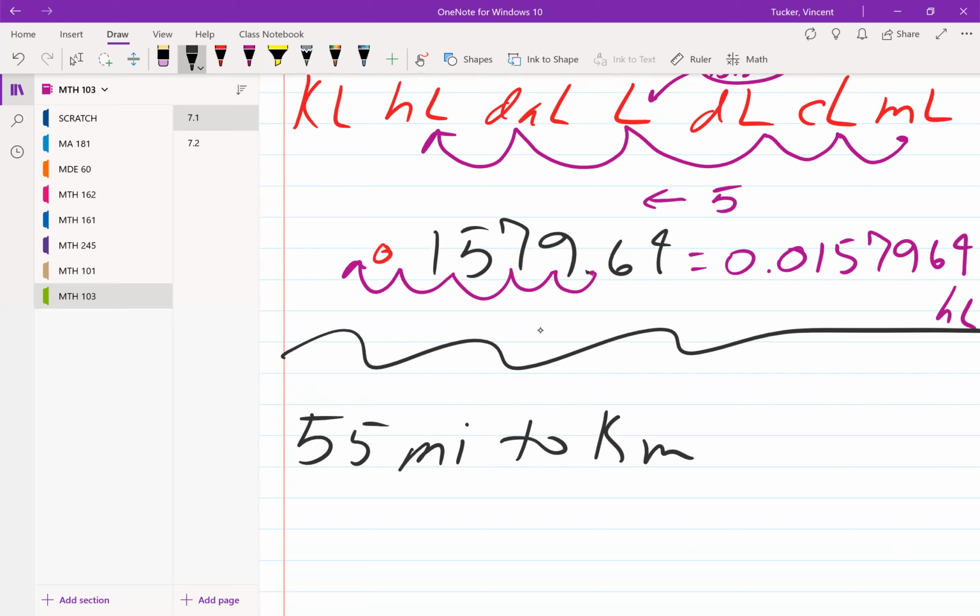First thing you have to do is see if there's a conversion factor for miles to kilometers. And the book gives us 1.61 kilometers is equal to 1 mile.